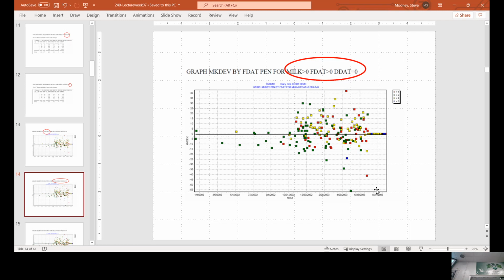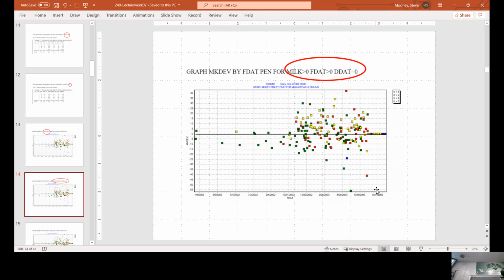In order for that animal to follow this curve, a lot of things have to go right. Feed. Calving. They don't have any problems at calving, clinical or subclinical. So the animals down here, below expectations, something bad probably happened to them.